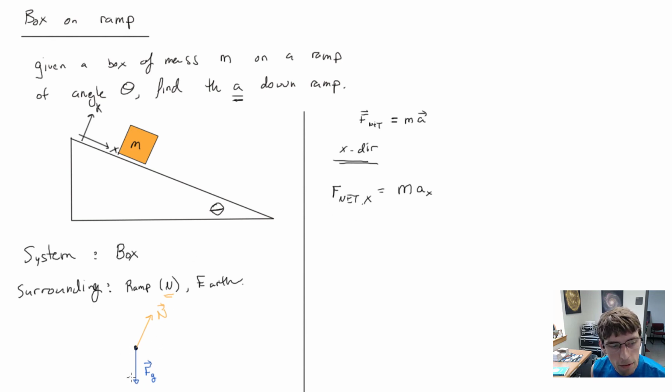But now if I look at my force of gravity, my gravitational force is straight down, like this, Fg, and my axes are like this. Here's my x direction, something like this, and here's my y direction, something like this.